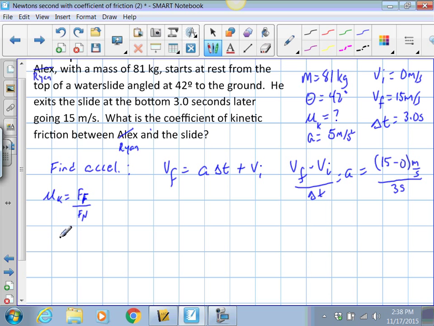So we've got F net equals MA, and that is Ryan's mass of 81 kilograms multiplied by our acceleration of 5 meters per second squared. And we've got 405 newtons.